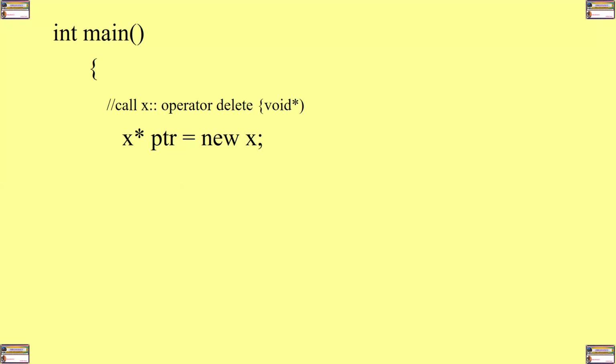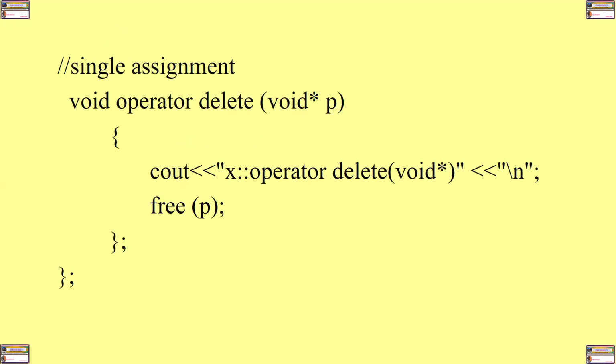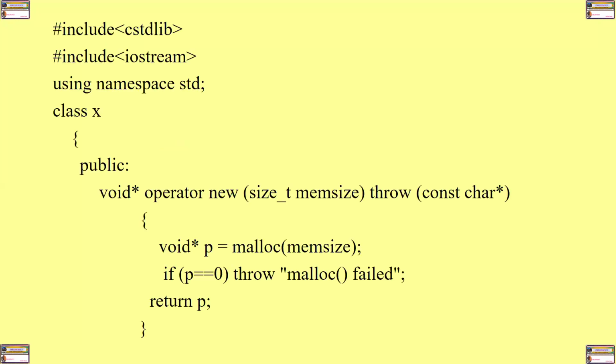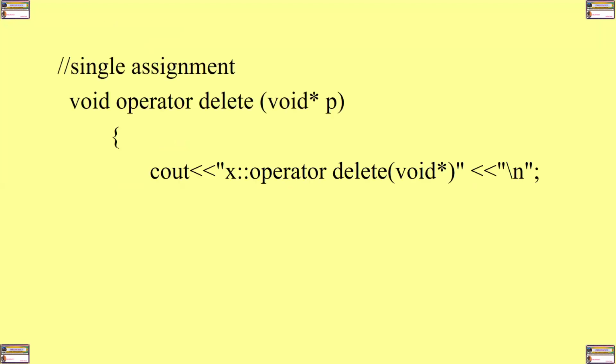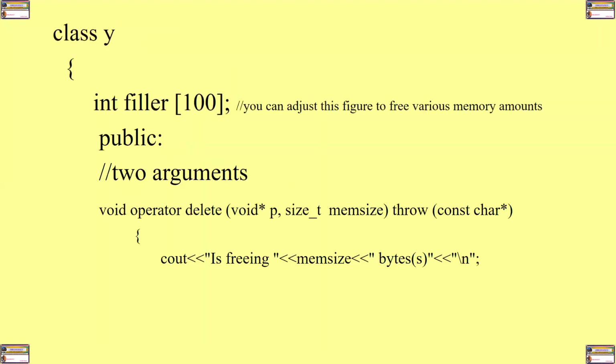And this pointer will be of type X. And you know what X is? It is the class X. This one here. So that's an instance, an object of type class.